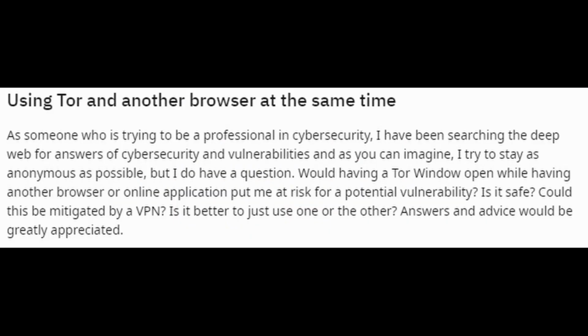Someone asked on a forum that I was looking at the other day if it was safe to use a browser in addition to the Tor browser. Basically what they were saying is, if I have another browser opened with the Tor browser, is that safe? And I would veer to say no, that is not safe.